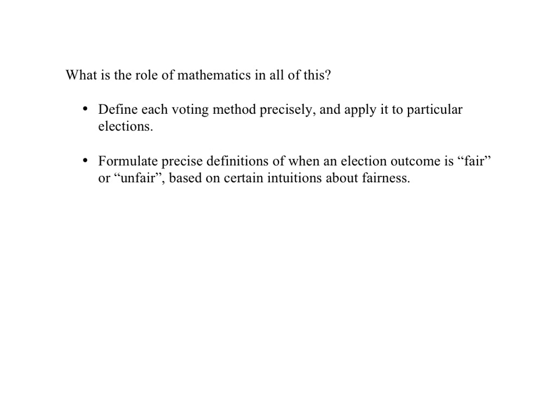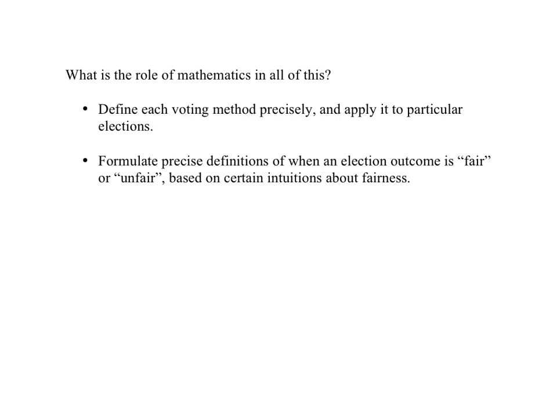Now you may ask, why is this chapter in a course in mathematics? Well, mathematics does have a role to play. First, by defining each voting method in a precise way. Okay, so we're going to need to define each method and apply it to particular elections and find the winners. Furthermore, we're going to use mathematics to formulate precise definitions of when an election outcome is quote-unquote fair or unfair based on certain intuitions we have about fairness.